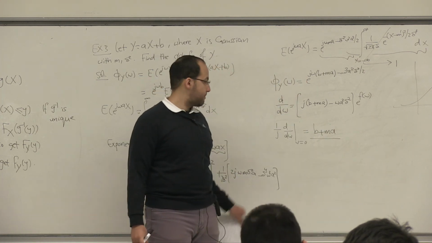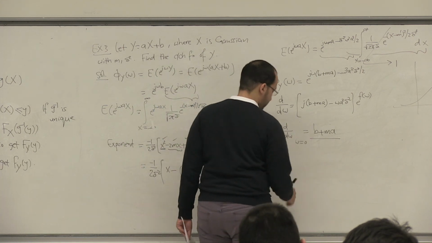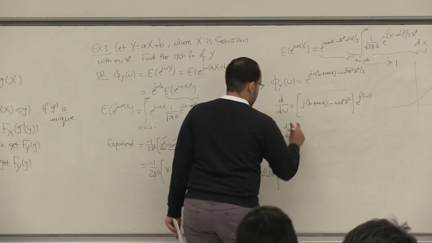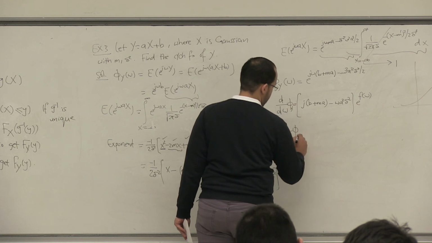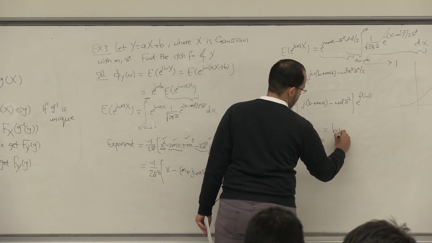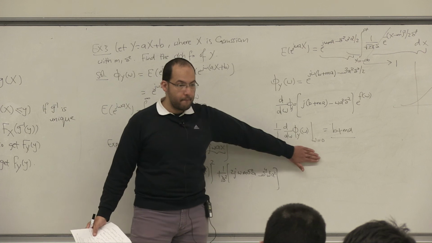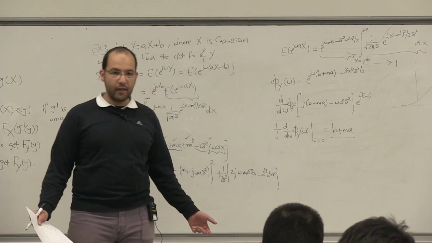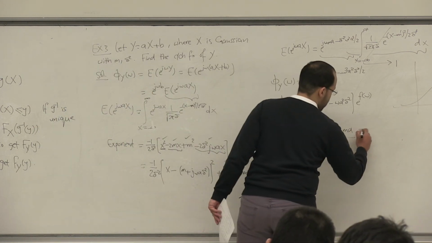What is this actually in general? Let's write it in a complete manner in order not to confuse you. d by d omega of phi y. What is this? Exactly, that's the expectation. This is E of y.